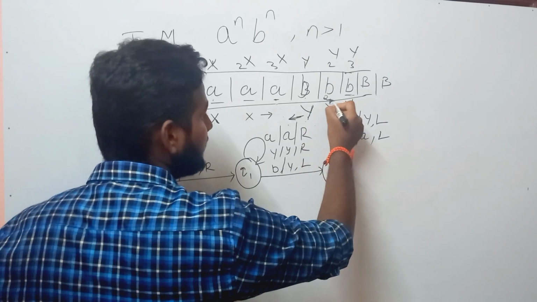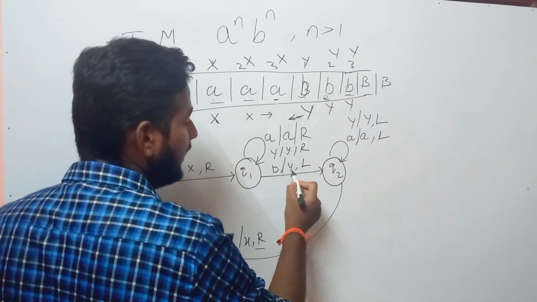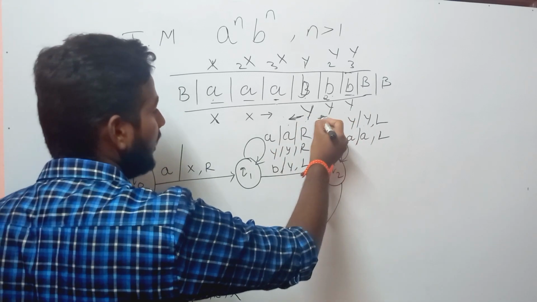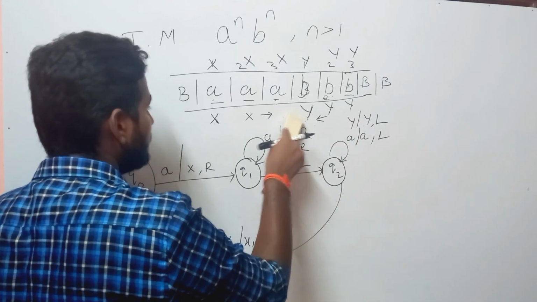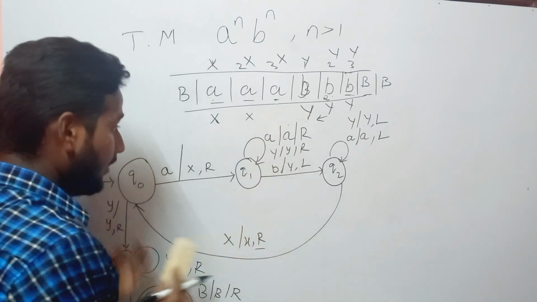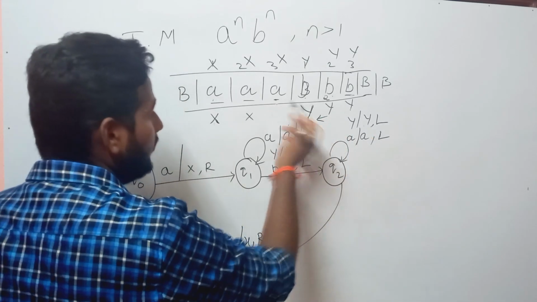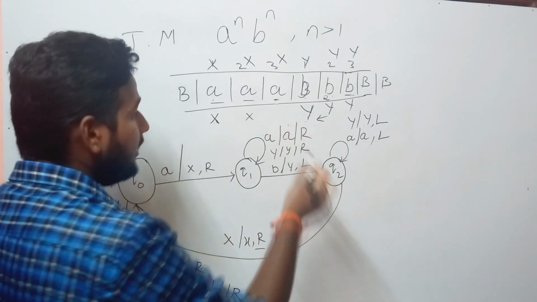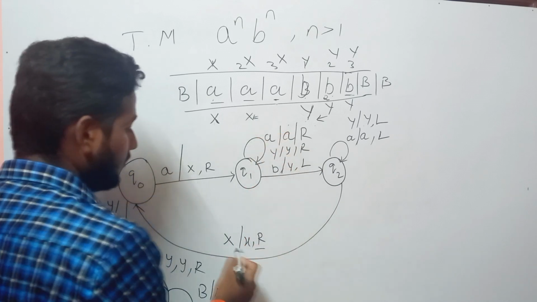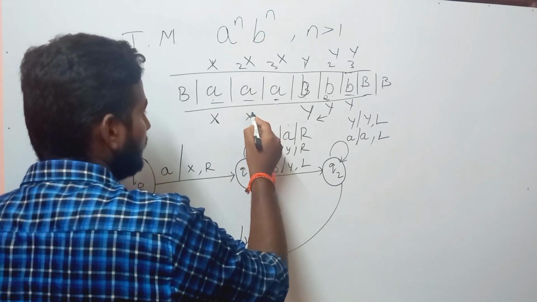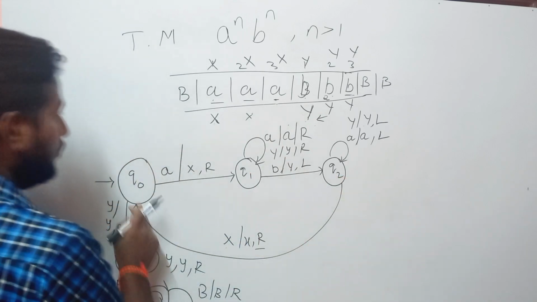Then we find the second B, change it into Y, and the direction reverses towards the left. We ignore Y as Y and A as A until we get the second X value. Then the state moves from Q2 to Q0.